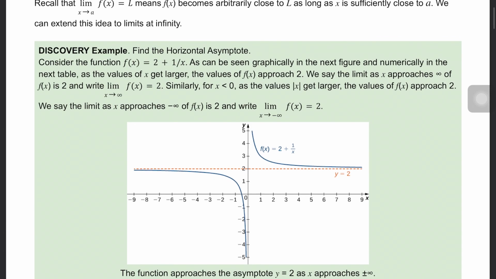So let's consider this function, which equals 2 plus 1 over x. As can be seen in the graph below and the table, as x gets larger and larger, the value of the function goes down and down, getting closer and closer to the value of 2.